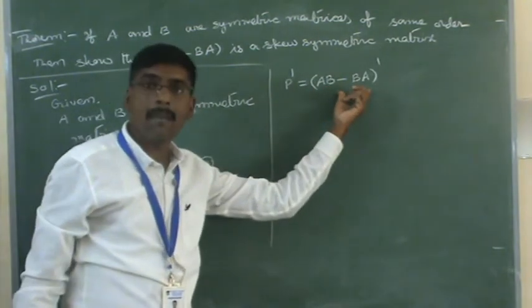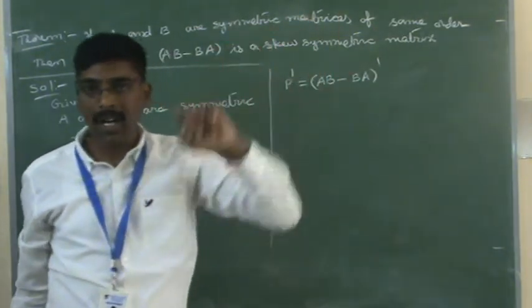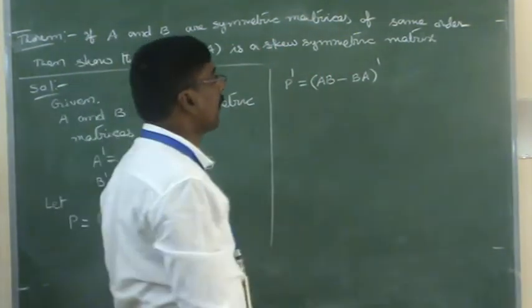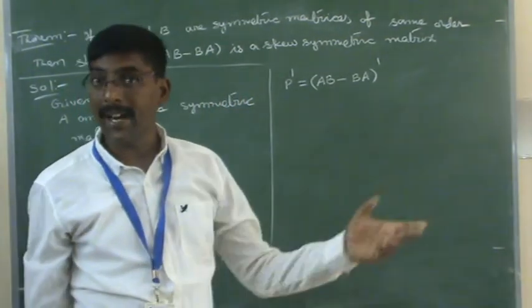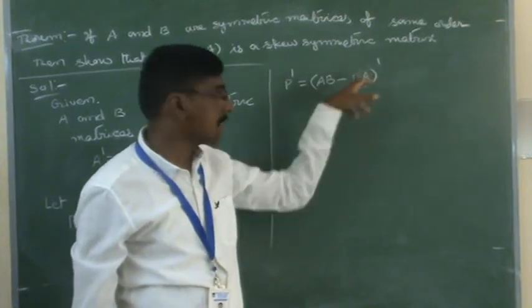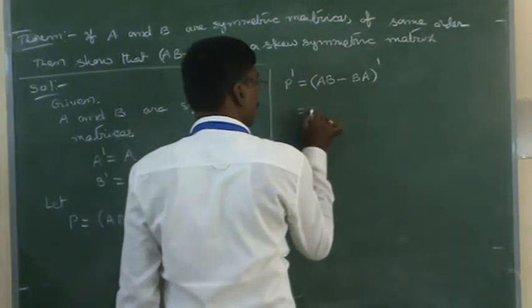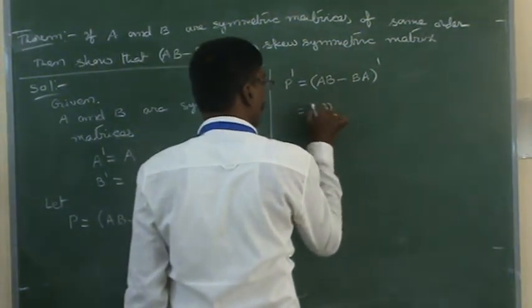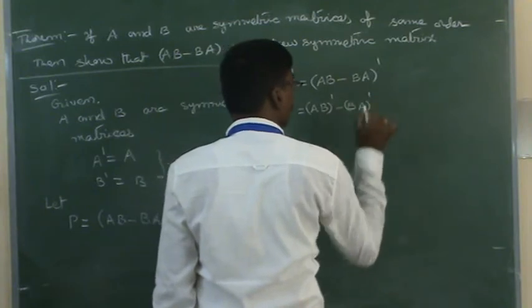This is in the form of A minus B whole transpose. Already we know the transpose of a matrix concept. A minus B whole transpose, what will the answer be? A transpose minus B transpose. That is the formula. The value can be written as AB whole transpose minus BA whole transpose.